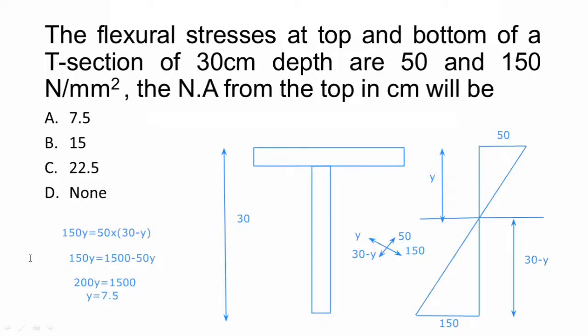It is a 2-minute problem. Very simple. There is no stress or strain value asked, only depth of neutral axis is asked. And please see that cross-sectional areas or the dimensions of the section have not been given, only stress values and the depth of the total section are given. So option A is correct.